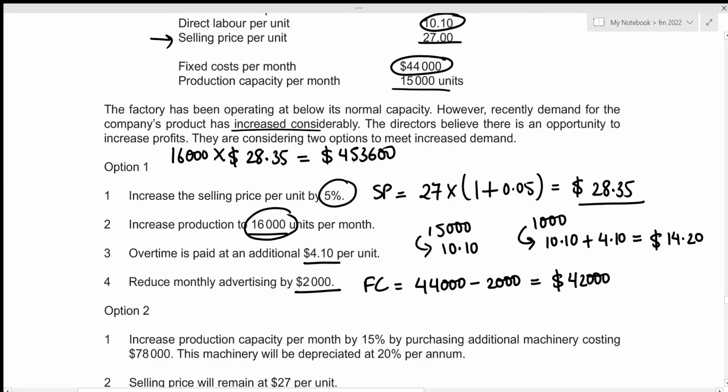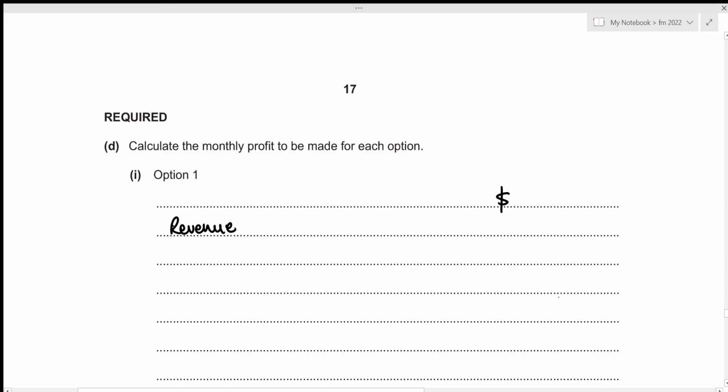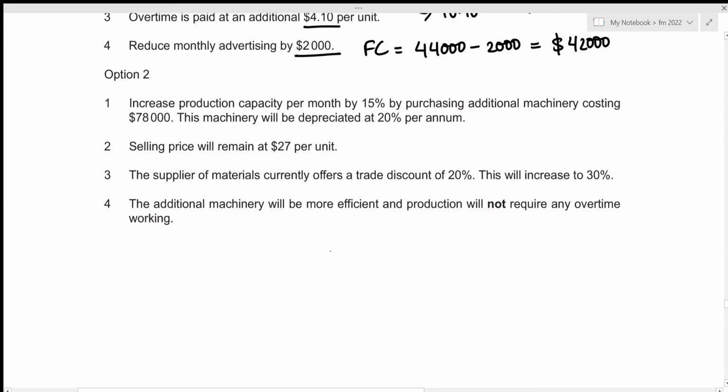Let's write this down in our statement. So that's 453,600. Then we will be subtracting the overheads, right? So the very first one is direct materials. Let's have a look above.